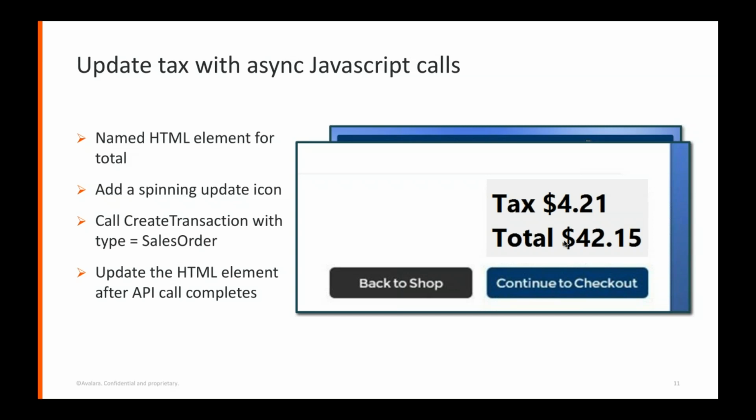Every time the customer makes a change, you cancel the current in-flight AJAX call to the stub function, and then you replace it with a new one. Right. And part of what that means is that we are a highly available company. Our team invests a ridiculous amount of money in making sure that AvaTax is always available, always online, always responsive. But a 1 in a million occurrence when you're Avalara's size happens pretty often.